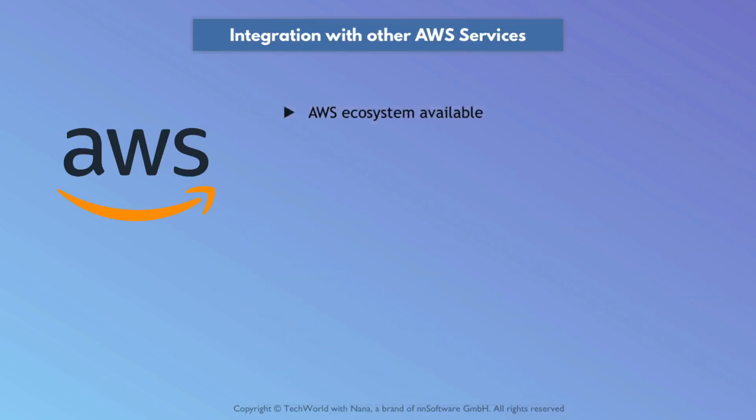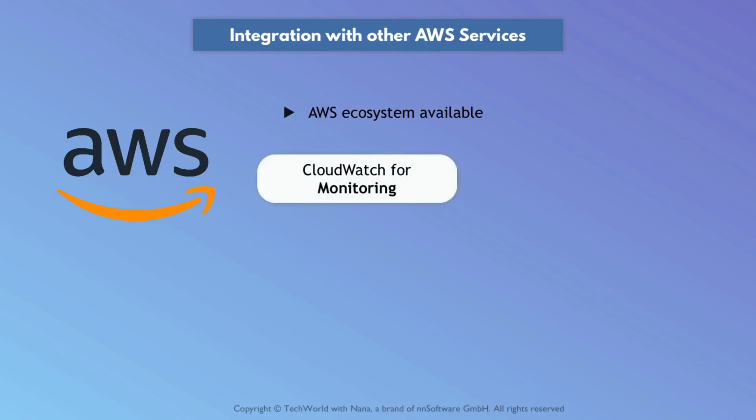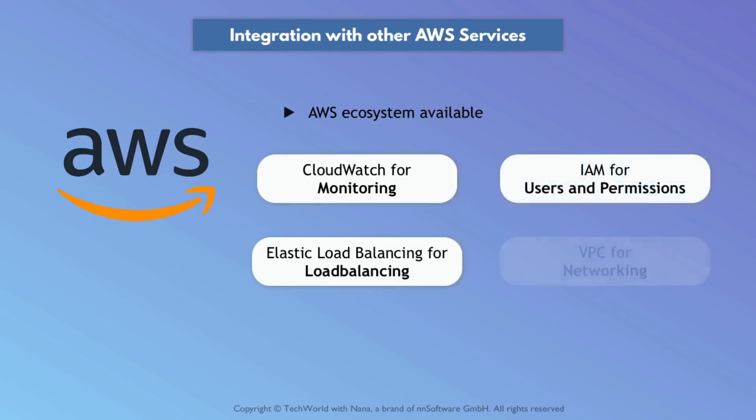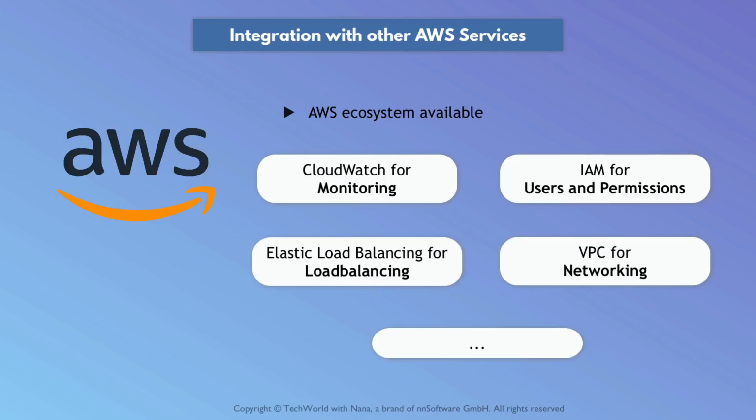Both EC2 and Fargate and ECS fully integrate with the whole AWS ecosystem. This could be CloudWatch for monitoring, Elastic Load Balancer for load balancing, IAM for permissions and users, VPC for networking, and so on.